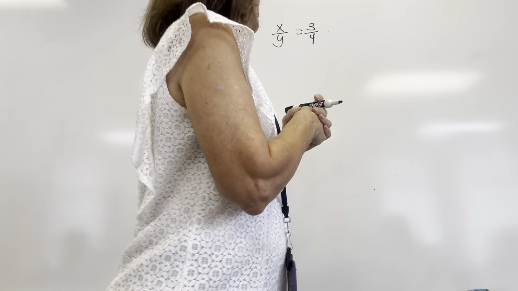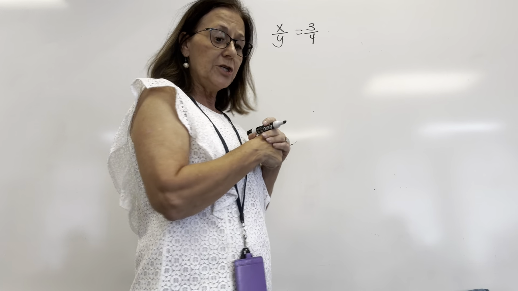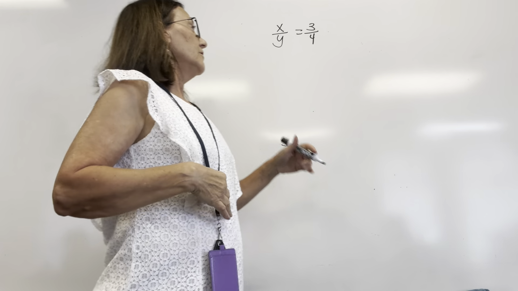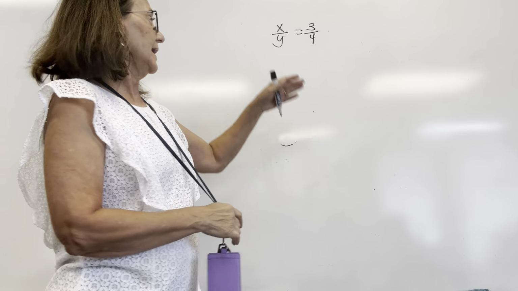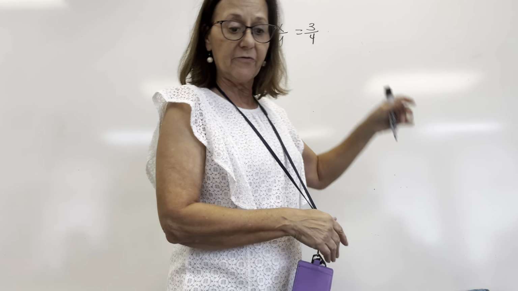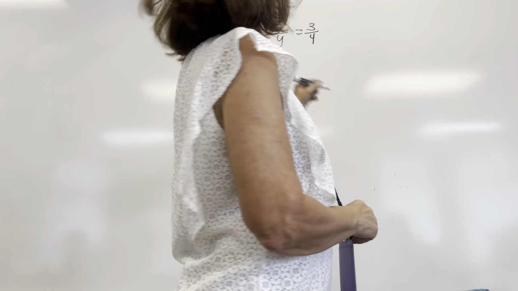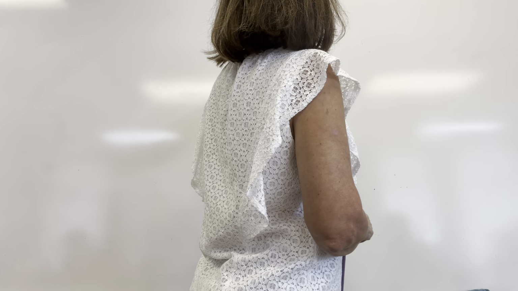We don't know what the numbers are. I cannot use a ratio table for these because the operations for both of the problems are not the same. This is a fraction equals a fraction, and the second part says their sum is 84. This is adding them.